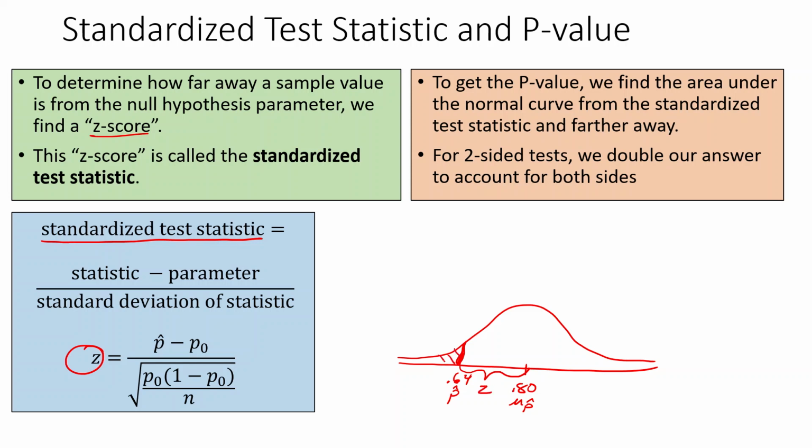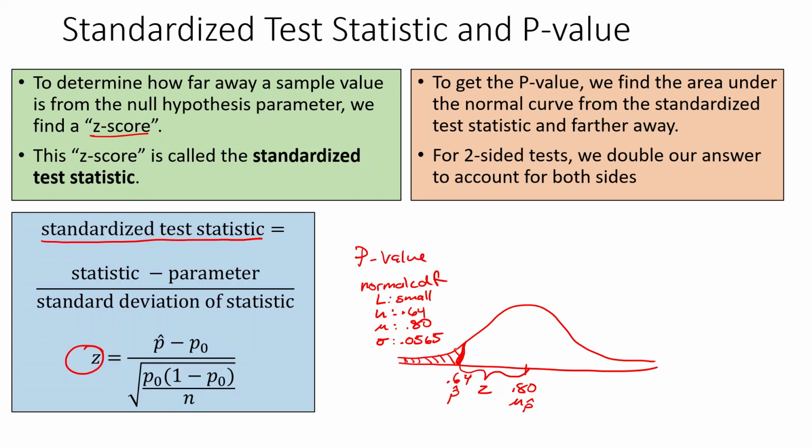Then we find this area down here. Since it's normal, we can use normal CDF to find that area. The lower bound would be something small in this case. The upper bound would be the 0.64. The mean would be the 0.80. And the standard deviation would be what we got from the last slide, 0.0565 and so on.